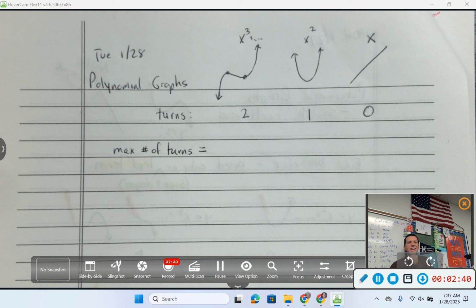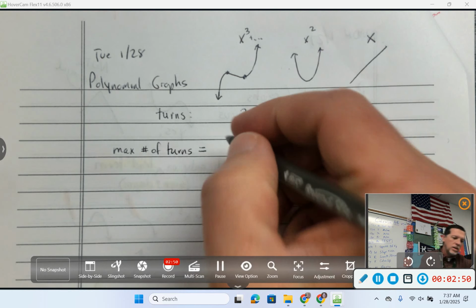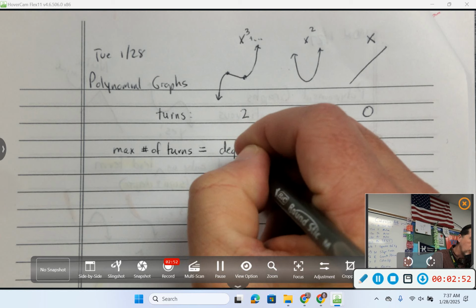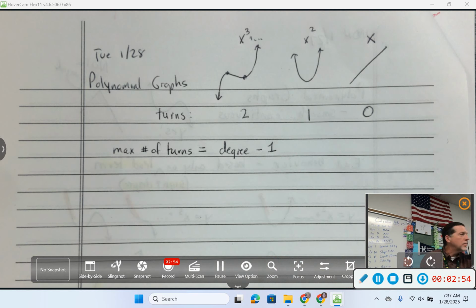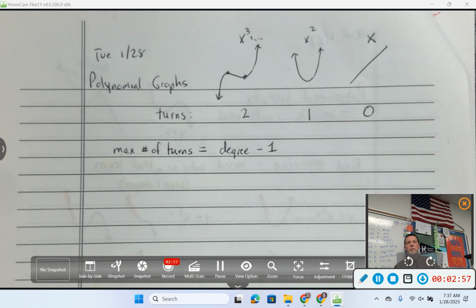There's one less than its exponent. It's 1 less than its highest exponent. So the short way to say that would be degree minus 1.